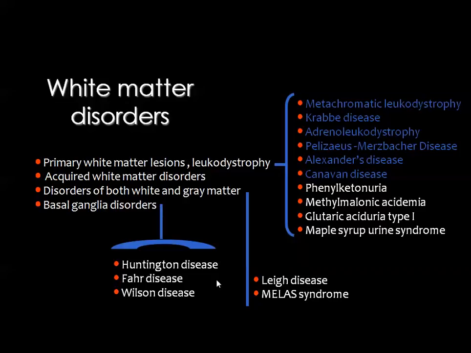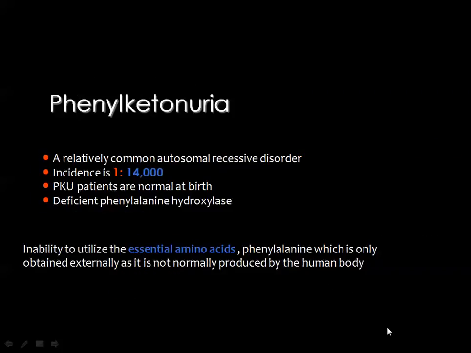And finally, we will talk about Huntington disease and Fahr disease, as well as Wilson disease, which are disorders primarily affecting the basal ganglia.